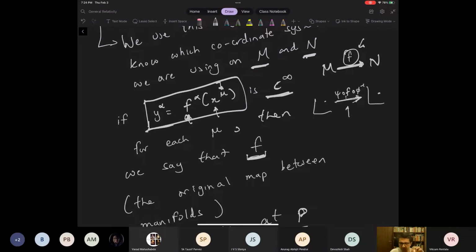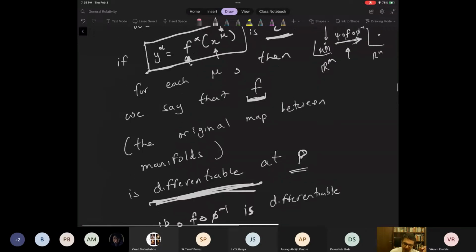Because we've defined the notion of differentiability only between R^m and R^n, and now this is taken from some point P. Sorry, this is P and this is the coordinates of P. And now we say that the function f, which is a function between M and N, is differentiable at P.